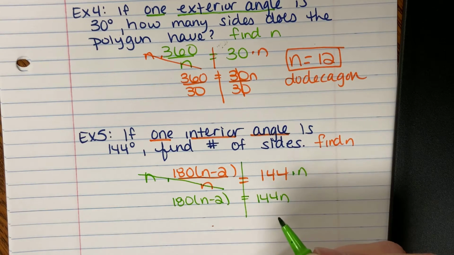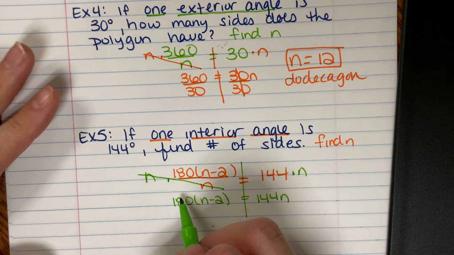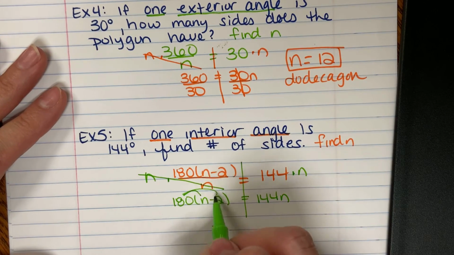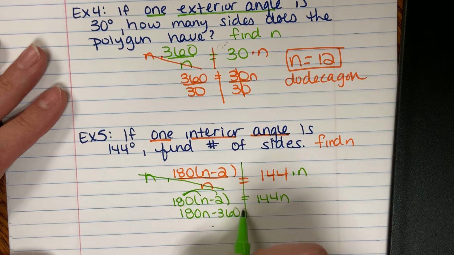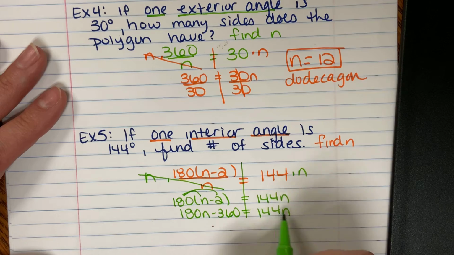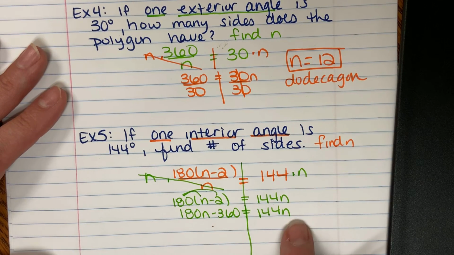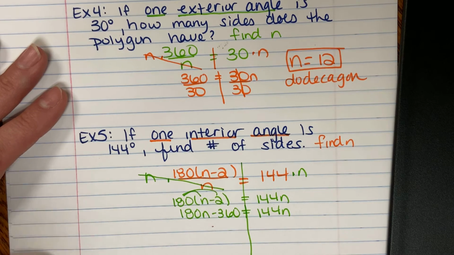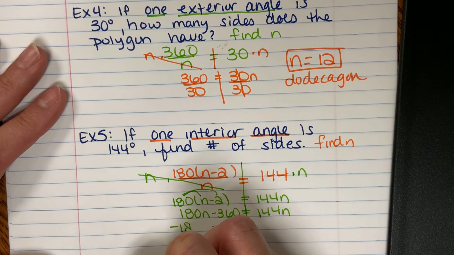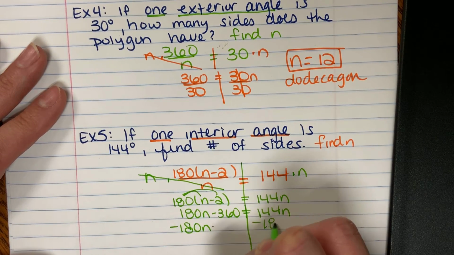Now let's get rid of the parentheses. Whenever we solve an equation, we have to get rid of the parentheses. So let's distribute. 180n minus 360 equals 144n. Since I have n's on both sides, you want to bring this over because you want n's on one side and numbers without n on the other. So let's subtract 180n, subtract 180n.